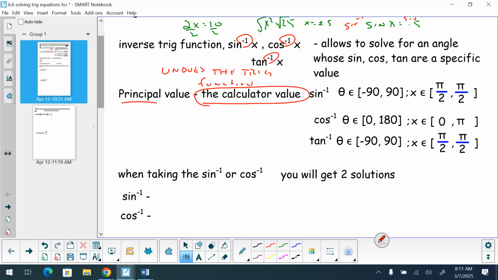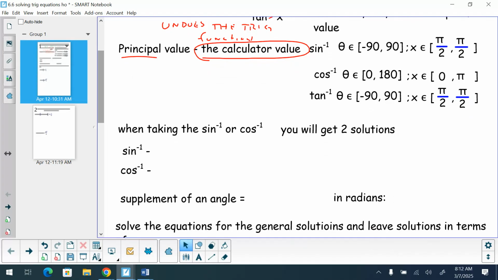When dealing with inverse sine and inverse cosine, you get two solutions. Just like if we have the quantity x plus 2 squared is equal to 25, and we're looking to solve this equation. This goes back to the first half of this year. We could solve this equation by taking the square root of both sides.